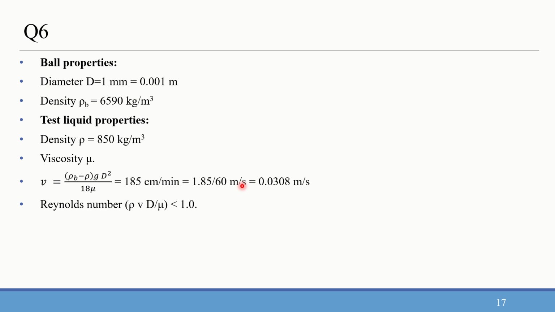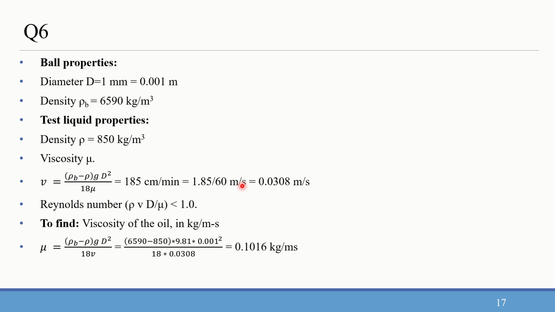We'll substitute everything else and take mu to the other side. That will give us the value of mu. So now we are going to do exactly that to find the viscosity of the oil in kg per meter second.